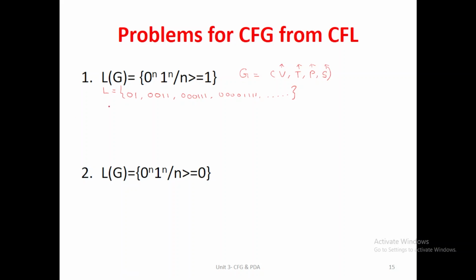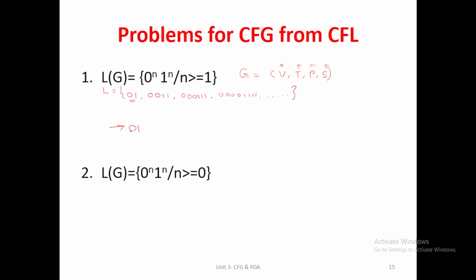So how can we write a context-free grammar here? Take the first string, 01. I assume the production's right side is 01. On the left side you should use only a non-terminal symbol, because the rules for a context-free grammar are two. First, the length of the left side should be less than or equal to the length of the right side.